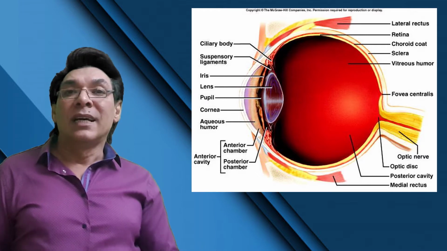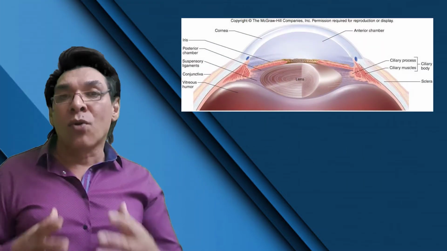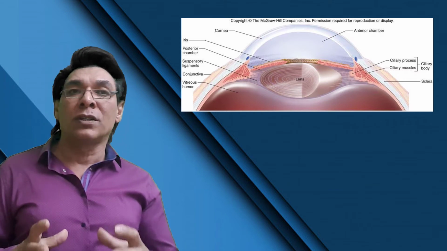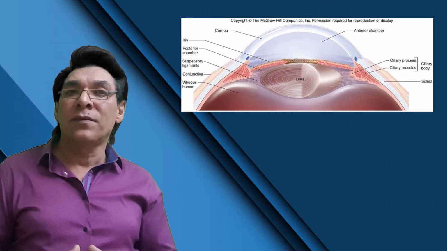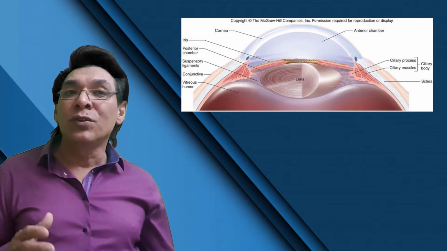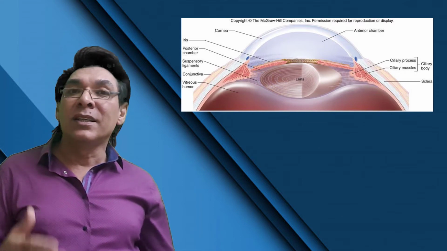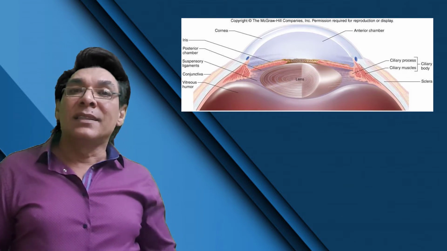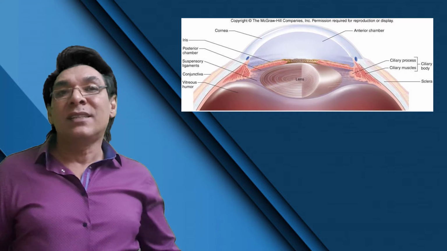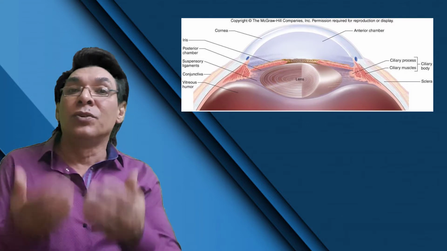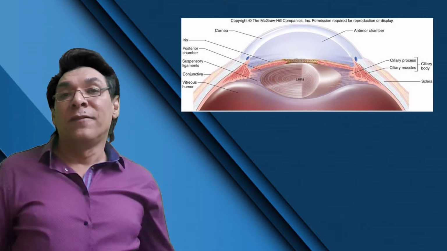Middle tunic, the choroid. The choroid forms the major vascular portion that lines the internal surface of the sclera. The ciliary body consists of two parts: the ciliary processes that secrete aqueous humor, and the ciliary muscle that changes the shape of the lens to adapt to near and far vision.